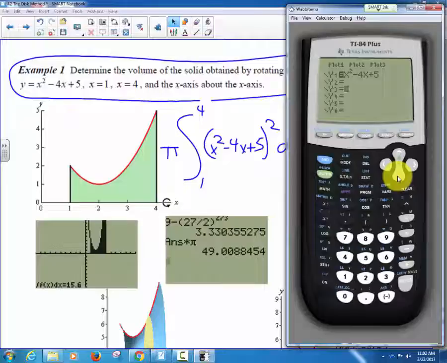And now I'm going to put this in so that it will always be there for me. Y variable in y3, I'm going to put y1 squared is what I'm going to do. I'm going to go back and do that again. Variables, y variables, I'm going to put y1 squared.